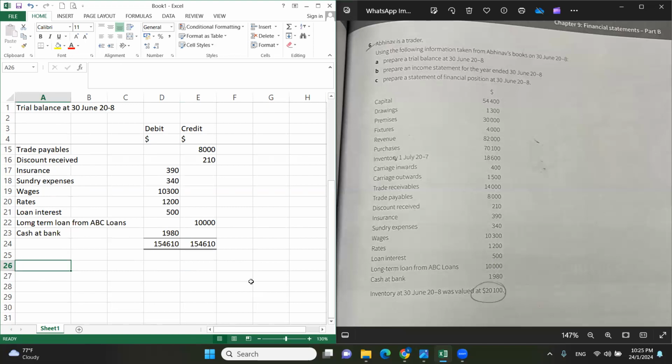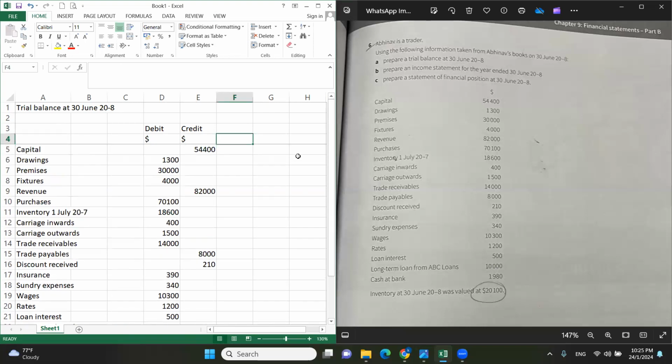Okay, so for the income statement, we differentiate the items by financial statement first. Okay, this one is under SOFP. This one also SOFP, SOFP, SOFP. This one is under income statement. This one also income statement. This one under income statement.